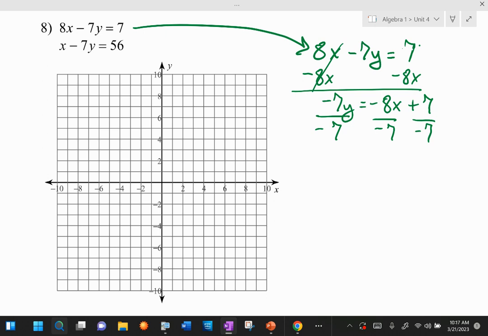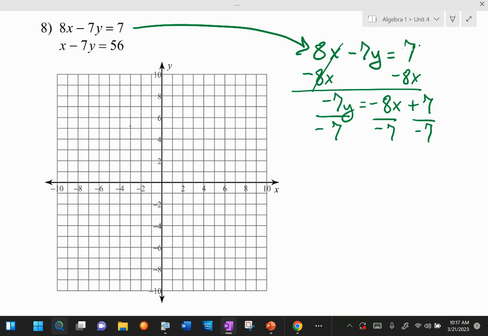Okay. Class, quiet, please. If I'm getting y by itself, first of all, I don't divide by 7y. You've got to leave the y there. So I'm only dividing by 7. Now, another thing that I see us continuing to have a misstep on is if I'm dividing by -7, I have to divide everything by -7.